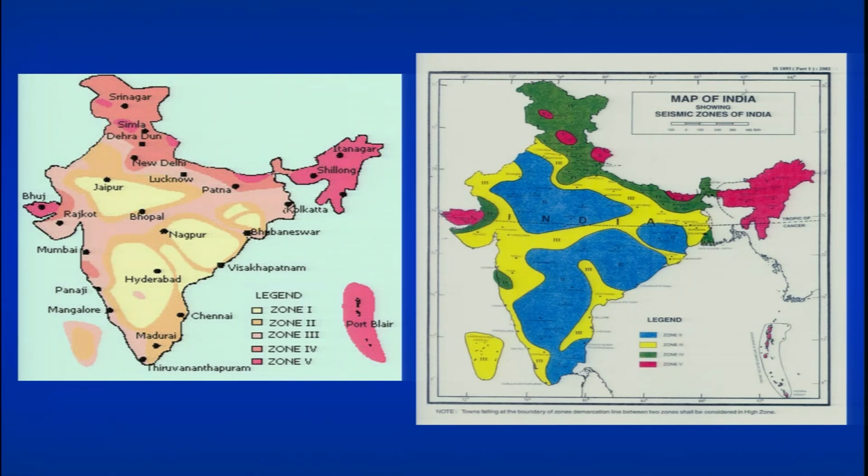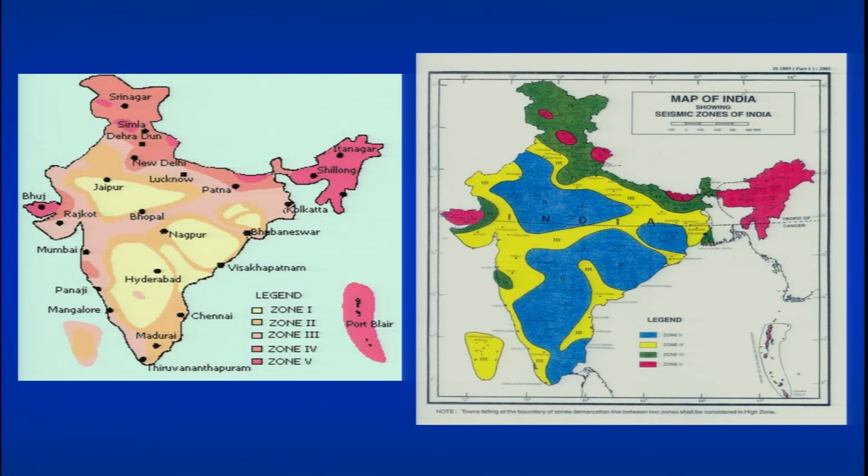So on the left, we have the old map with 5 zones: zone 1, zone 2, zone 3, zone 4 and zone 5, and the recent one, after the 2001 Bhuj earthquake. The expected intensity which was marked for zone 1 was not correct, hence it was revised. As you have seen in the previous slide, since 1962 there were many revisions.